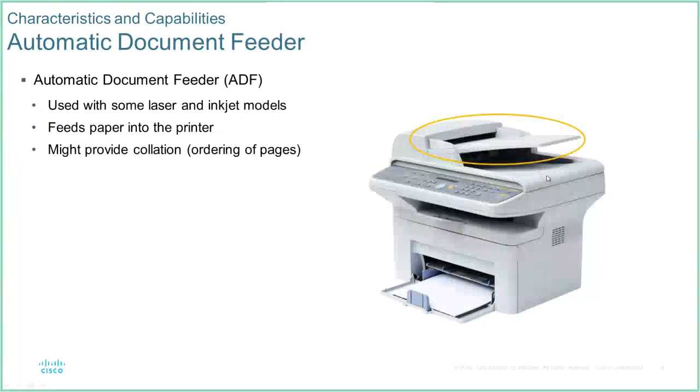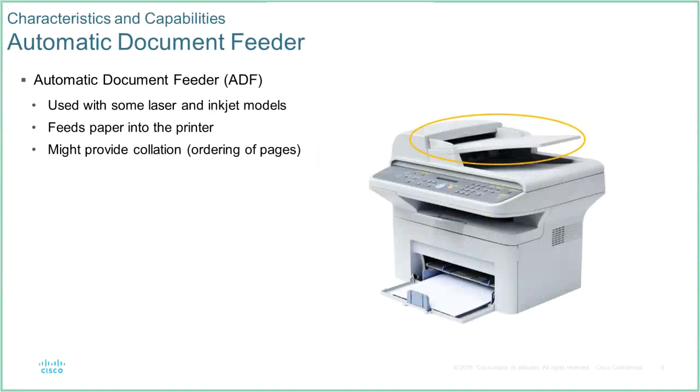The more advanced ones will actually do double-sided, so they'll be able to turn the sheet upside down, basically flipping it over, and scan both sides and then spit it out. Now, this is great for when you've got big jobs to put through the scanner.